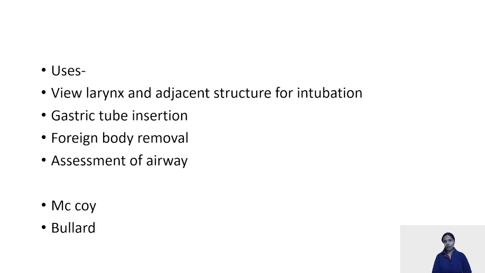Where do you use your laryngoscopes? To view the larynx, that is direct laryngoscopy along with intubation. It also helps in gastric tube insertion, in foreign body removal, and obviously in the assessment of the airway. McCoy, I've already told, and Bullard and McGrath are all different kinds of video laryngoscopes that are present.